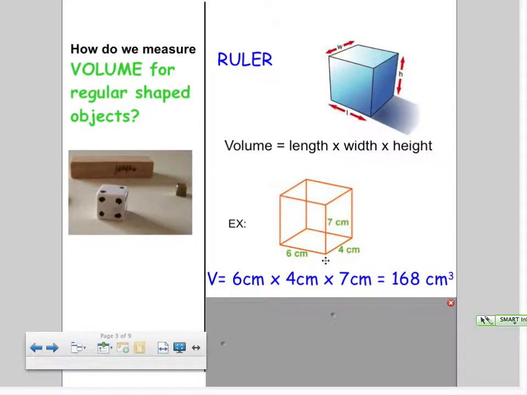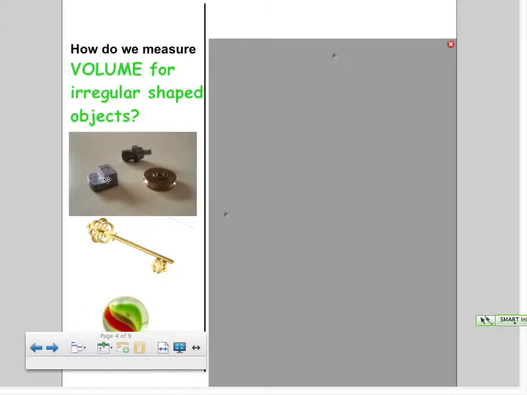Now, what happens if you have an object that has many different strange shapes? For example, objects that have shapes like this, or a key. It would be really difficult, and I would say impossible, to use a ruler to measure the height, the width, and the length, because the width is different at this point versus at the long stick point right here.